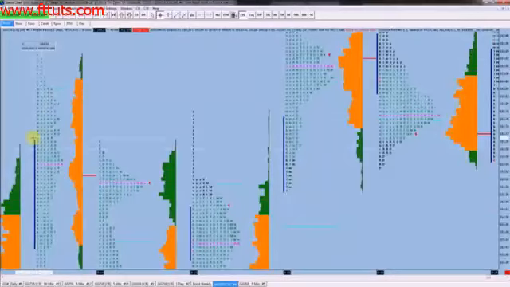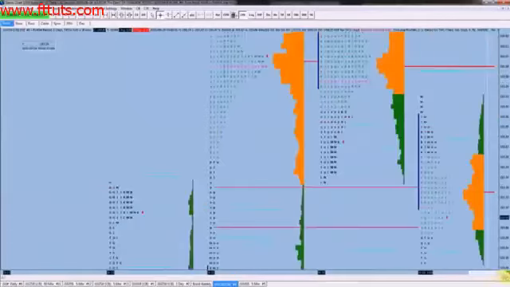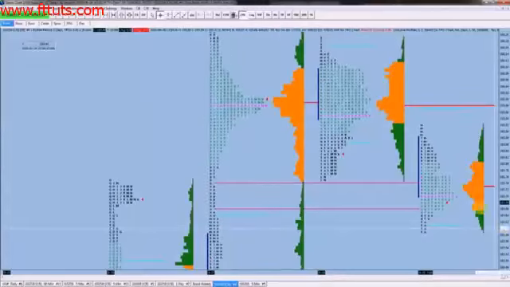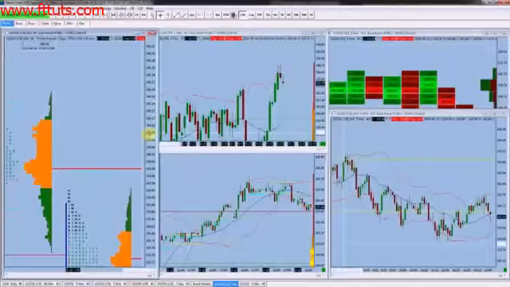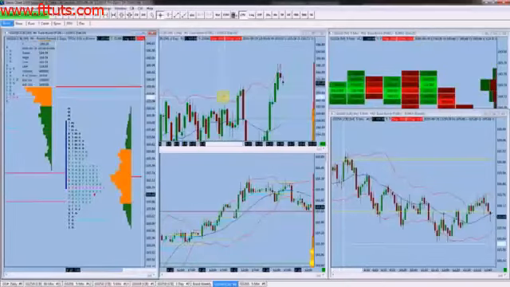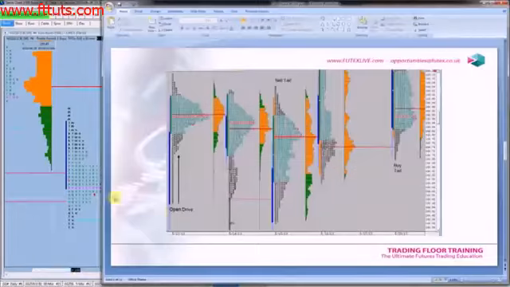And so this setup happened quite a lot running into this day, where we had an open drive, and that open was not and should not have been the high or low for the rest of the day. However, the two subsequent times after that, we did have an open drive, and the buyers did remain in control for the full day.